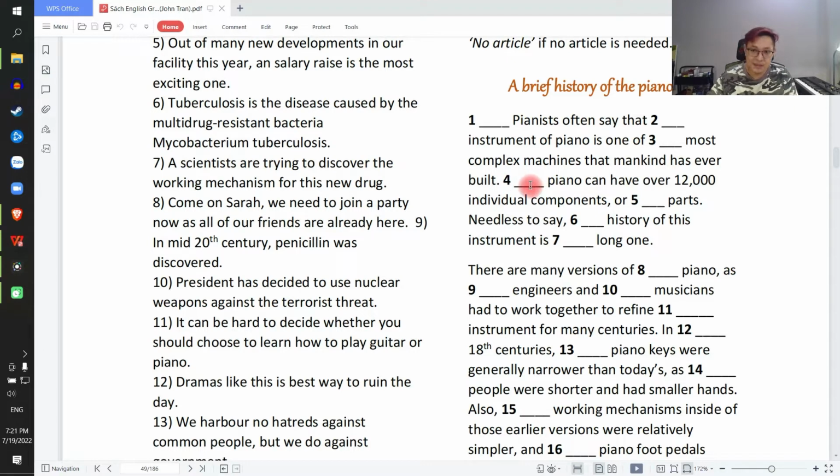A piano can have over 12,000 individual components or parts. Needless to say, the history of this instrument is a long one.